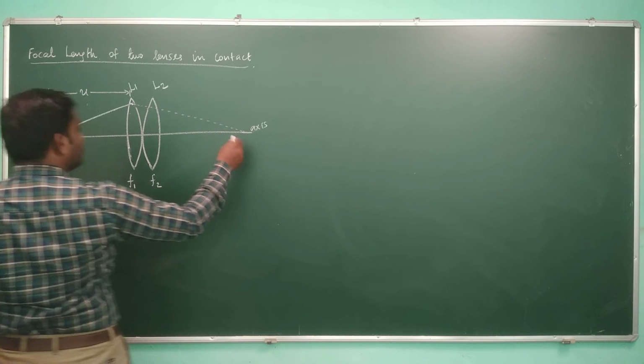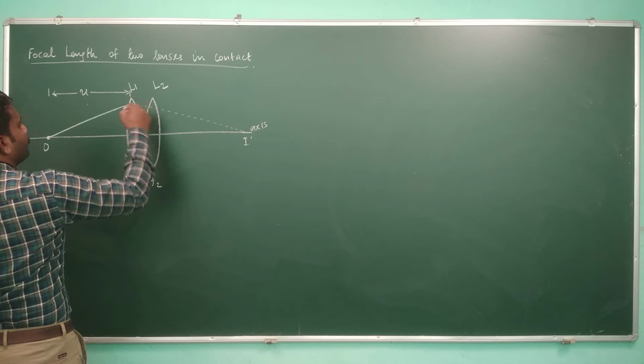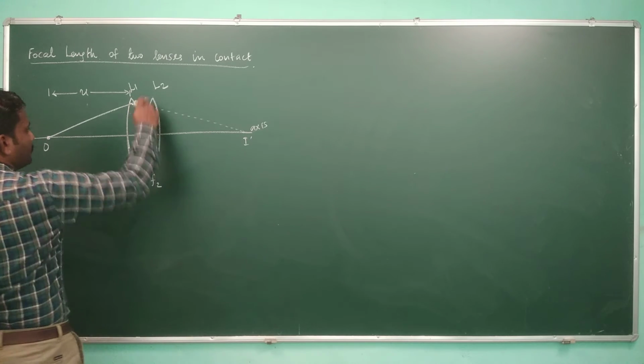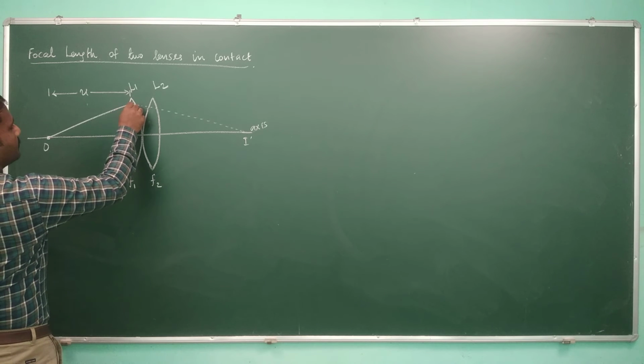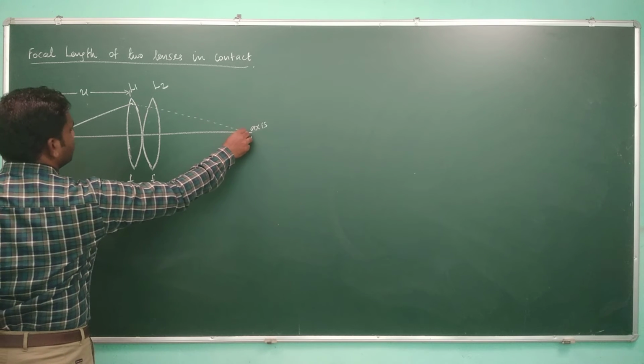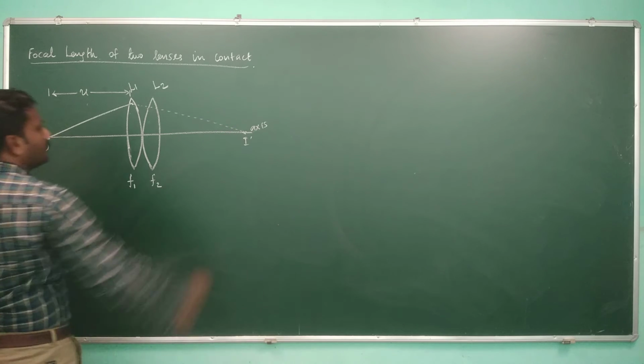Let us call this point I prime. The image will appear on the optical axis at I prime.